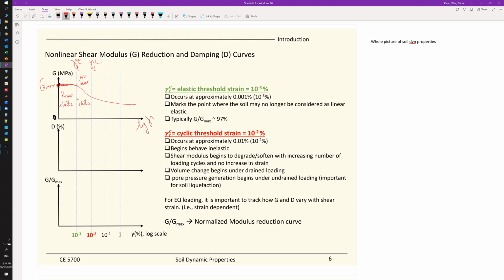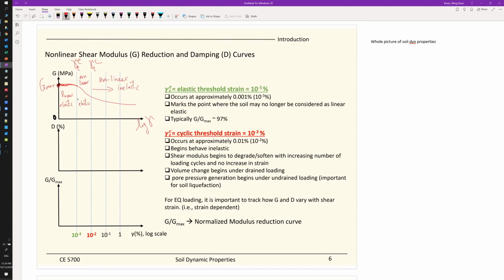But beyond this cyclic threshold strain, going beyond here, you start to have non-linear, inelastic behavior. So you will start to have the plastic behavior.